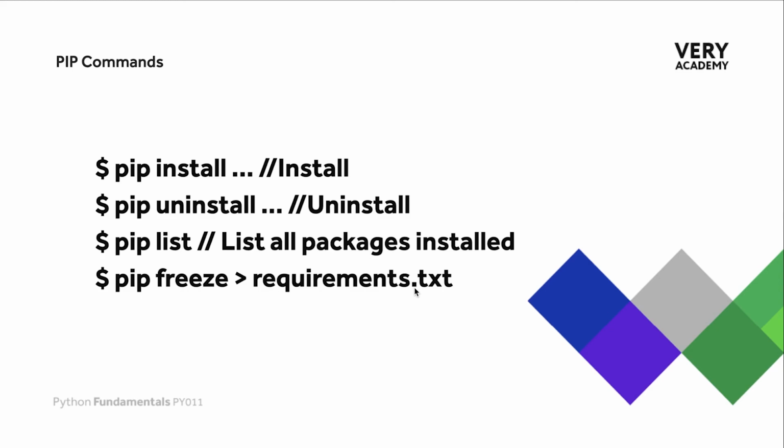In order for us to replicate that installation, maybe on another virtual environment, maybe on another computer, we're going to need to know what packages are going to be needed, and potentially what version of those packages are going to be needed in order to replicate your initial working environment. We will see all of these commands in action throughout this course.